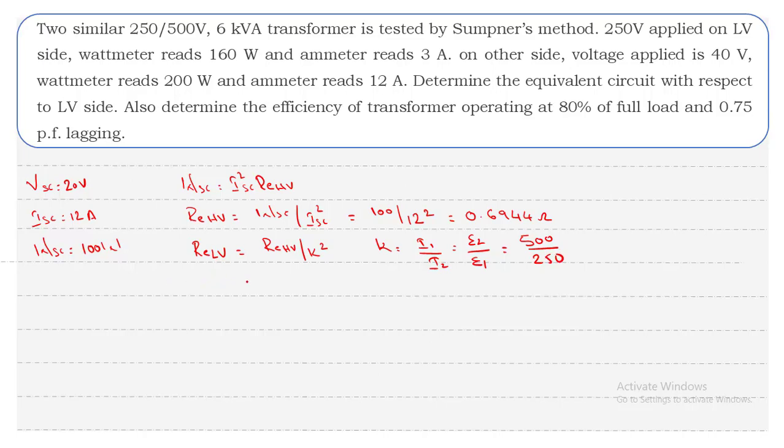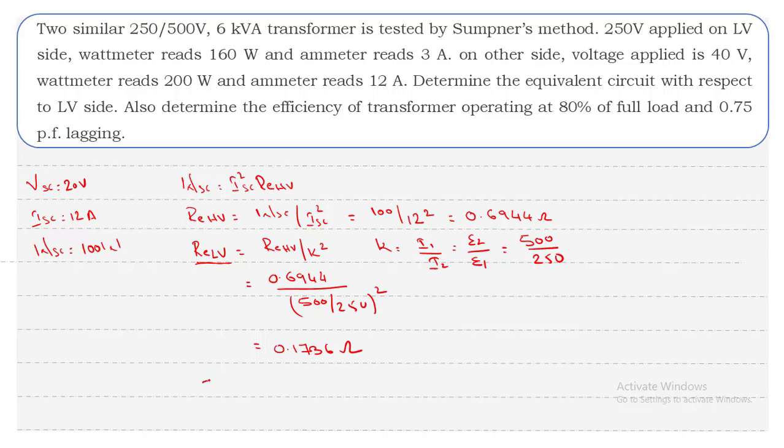Substituting this here, 0.6944 divided by K square is 500 by 250 whole square. Substituting the values, simplifying, we will get this as 0.1736 ohms. Now this is the equivalent resistance with respect to LV side.